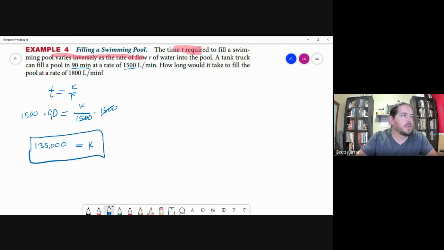So that's my k. Then the question is, how long would it take to fill the pool at a rate of 1,800 liters per minute? So I'm looking for the time, t. t is k over r, but k I know is 135,000, and now I'm dividing it by 1,800.